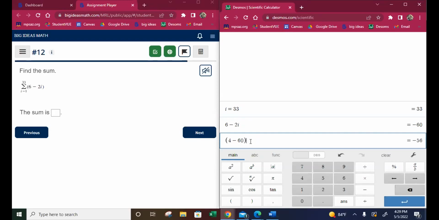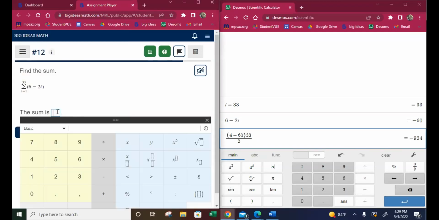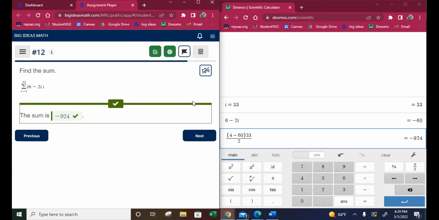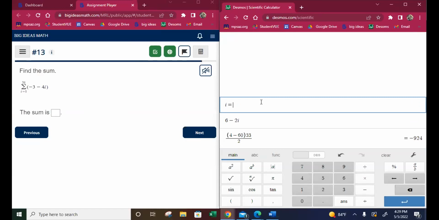And then to the right of it, times the number of terms, which is 33 in this case, divided by 2. And the sum can be negative, like that is possible. We don't like it, but it's possible. It's reasonable. Okay. And I did 1.